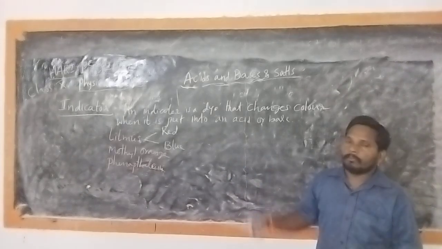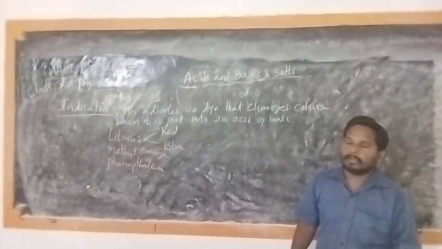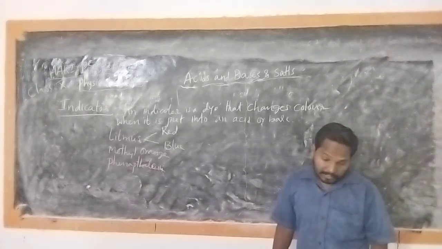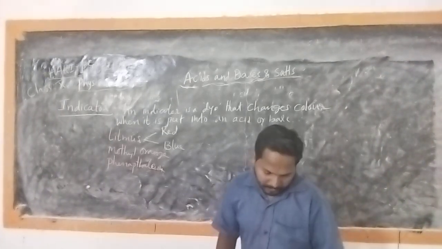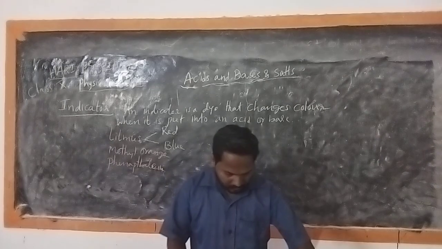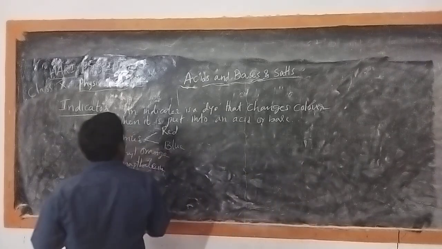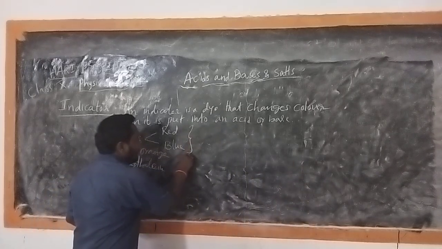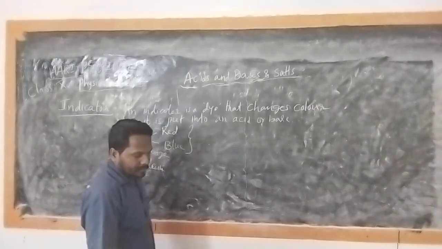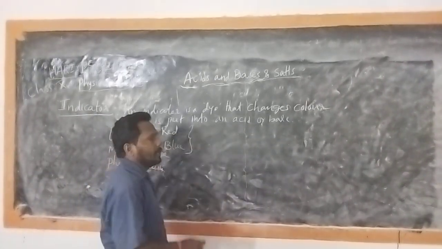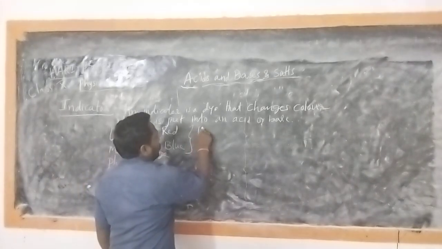So you know very well about red litmus and blue litmus. Then what is meant by litmus? Litmus is a natural indicator.